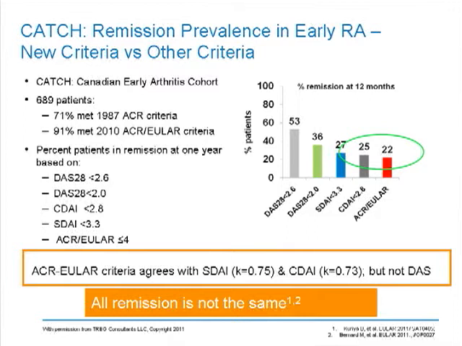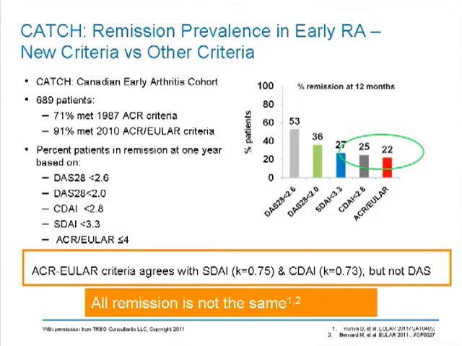And what they found was that the ACR EULAR criteria, the CDAI of less than 2.8, and the SDAI of less than 3.3 were all very similar, and many fewer patients were in remission at 12 months compared to a DAS28 of less than 2.6. Actually, half the patients were in remission compared to a DAS of 2.6.